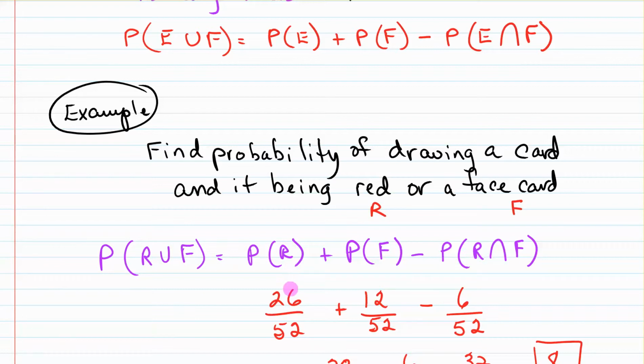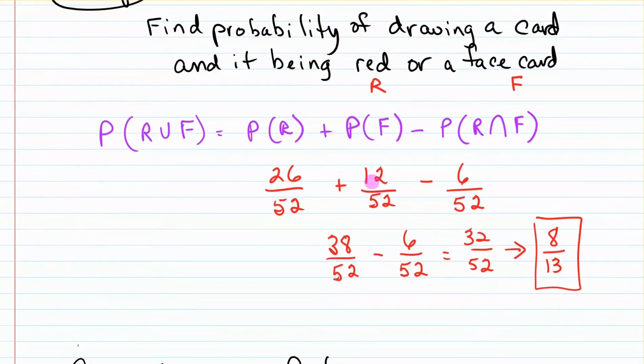So the probability of it being red is 26 red cards out of 52. Face cards, there are 12 face cards out of 52, minus, now, how many in the deck are red and a face card? There are 6 red face cards, so that would be 6 out of 52.